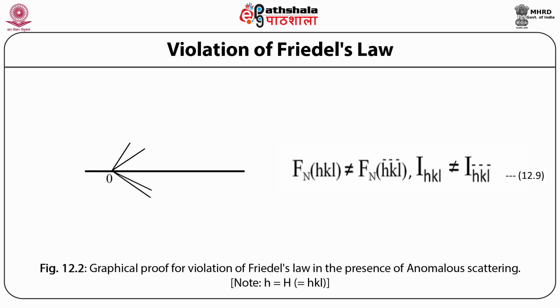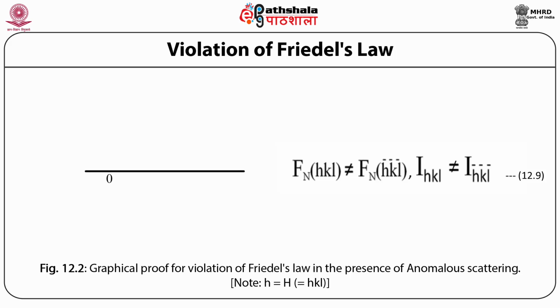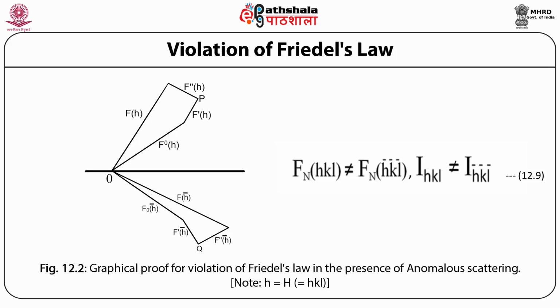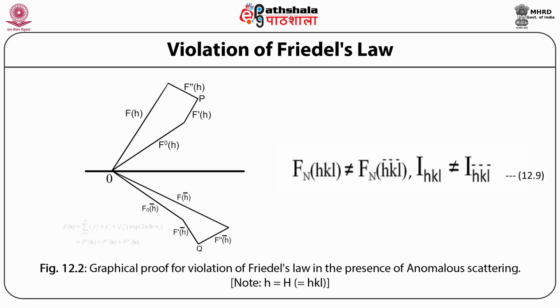Now, the structure factor of reflection H is simply summation j equal to 1 to n fj e power 2 pi i h dot rj. In the case of anomalous scattering, fj is replaced by fj naught plus fj prime plus i fj double prime. So this is shown in the graph. This expression is equal to F naught of h plus F prime of h plus F double prime of h.